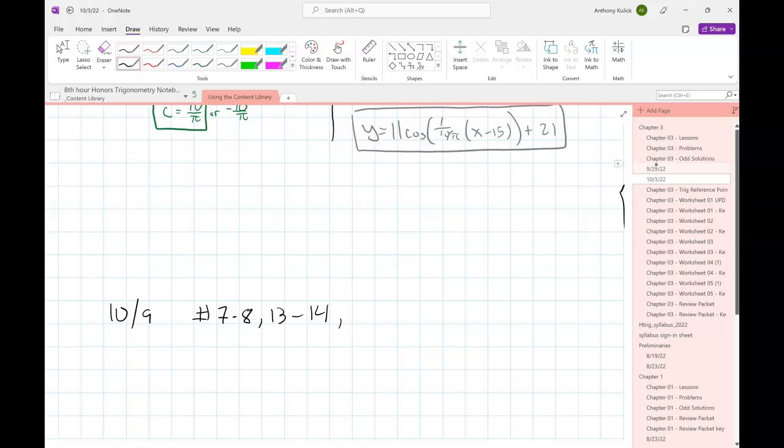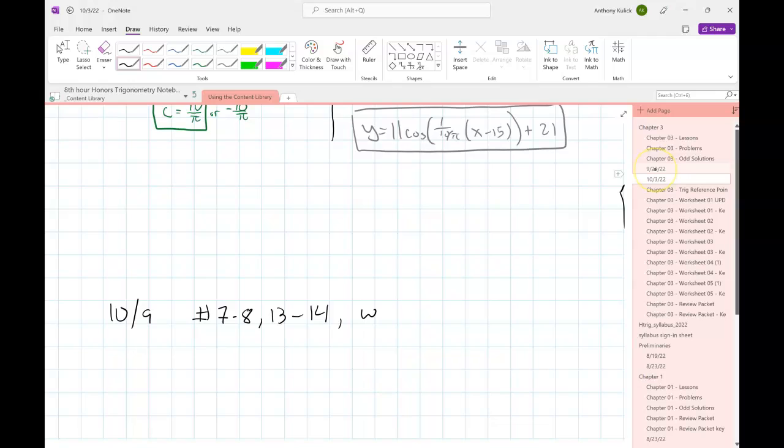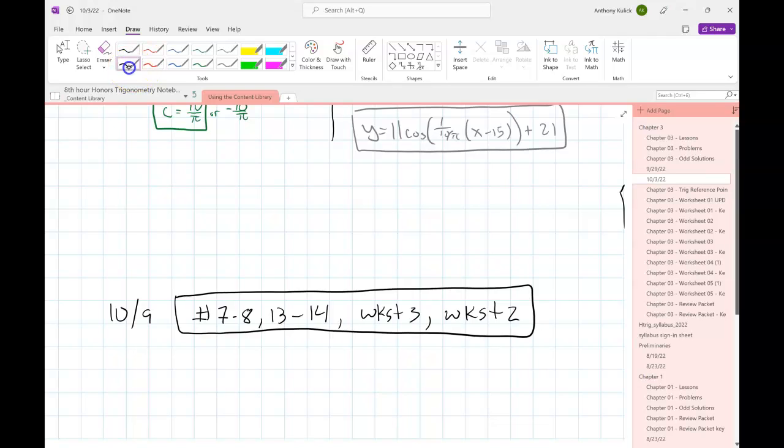And then you guys should be able to do worksheet 3. And also worksheet 2. I would do them in this order though. Worksheet 3 I think is easier than worksheet 2. So I would do them in that order. So this will be the first assignment for next Sunday's homework check.